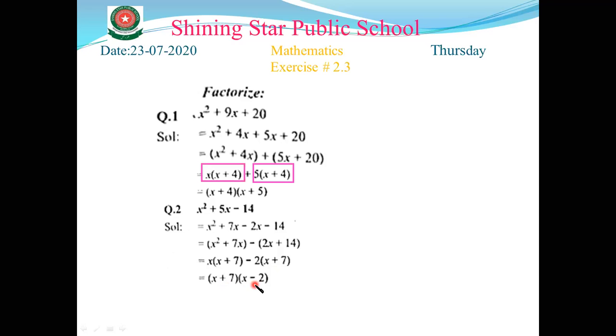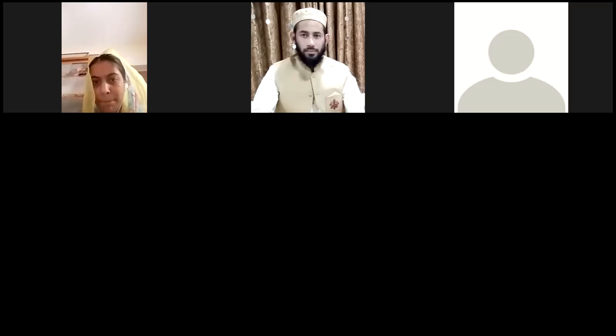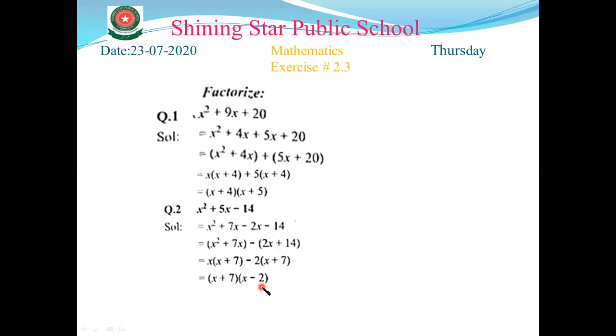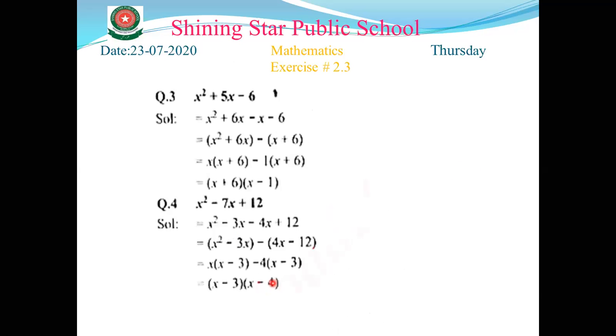When you multiply them, you will get x square plus 5x minus 14. And if you multiply your answer's product and you don't get your question, it means your answer is wrong. Now, let's start question number 3.